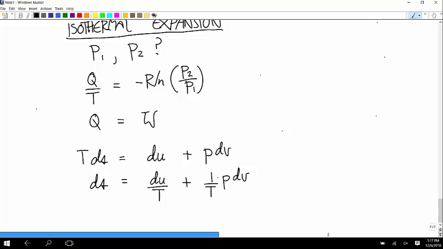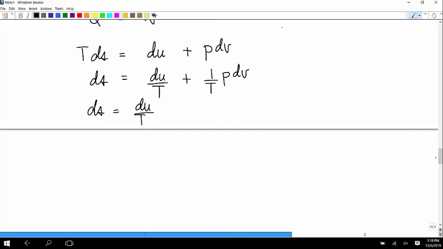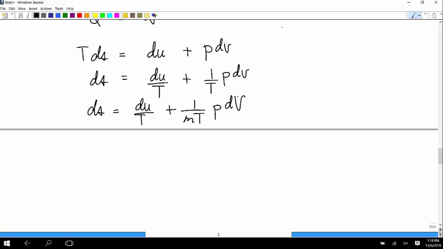So dS is equal to dU over T plus 1 over the mass times the temperature times P big V.